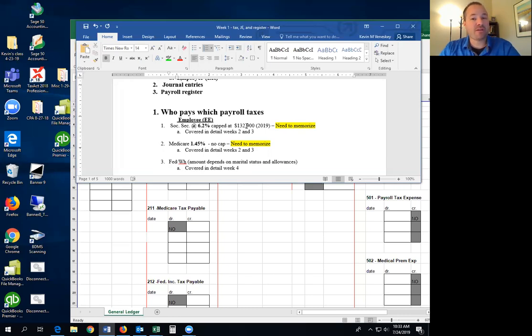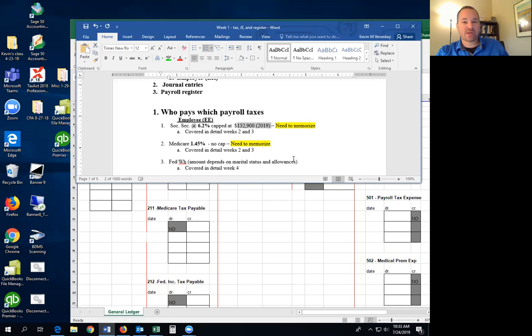I remake these videos. So for 2019 and 2020, we will be using this cap for Social Security, possibly even into 2021, but we'll see. All right, so $132,900. Once you have made that much money in a year, you are no longer taxed for Social Security.